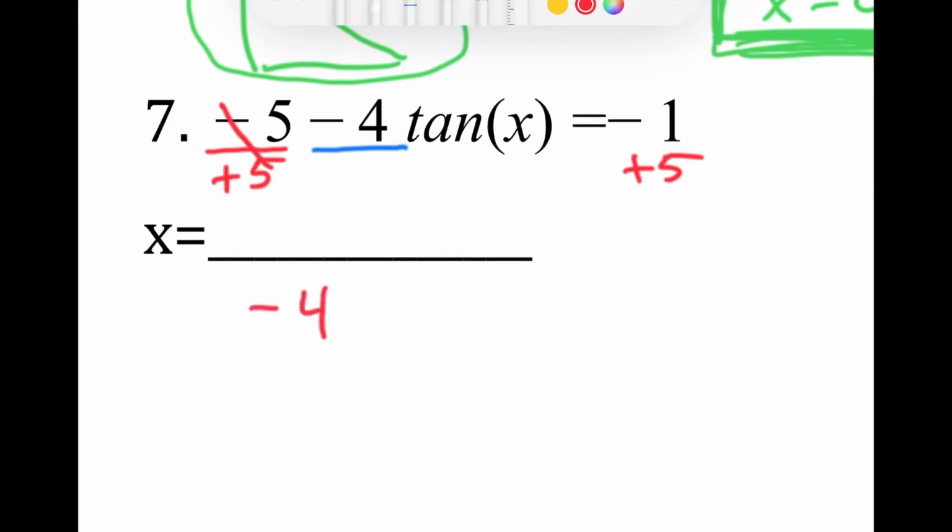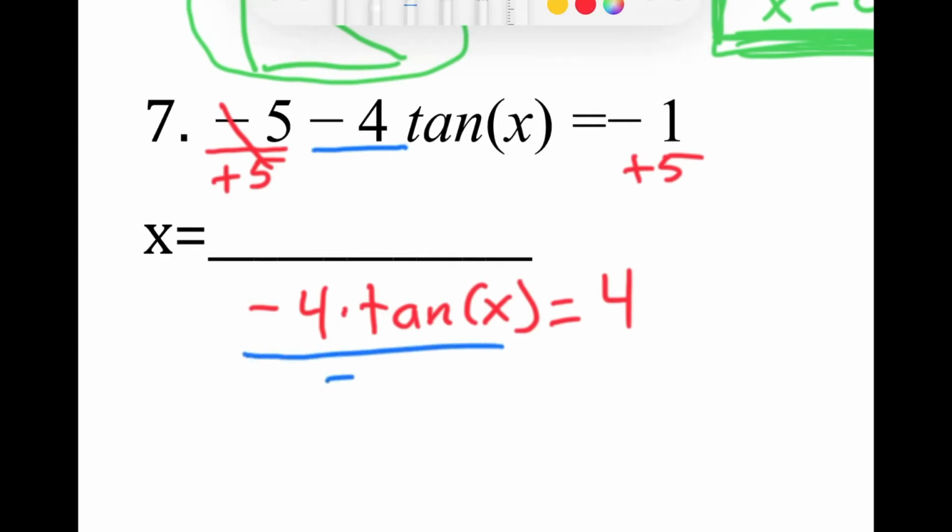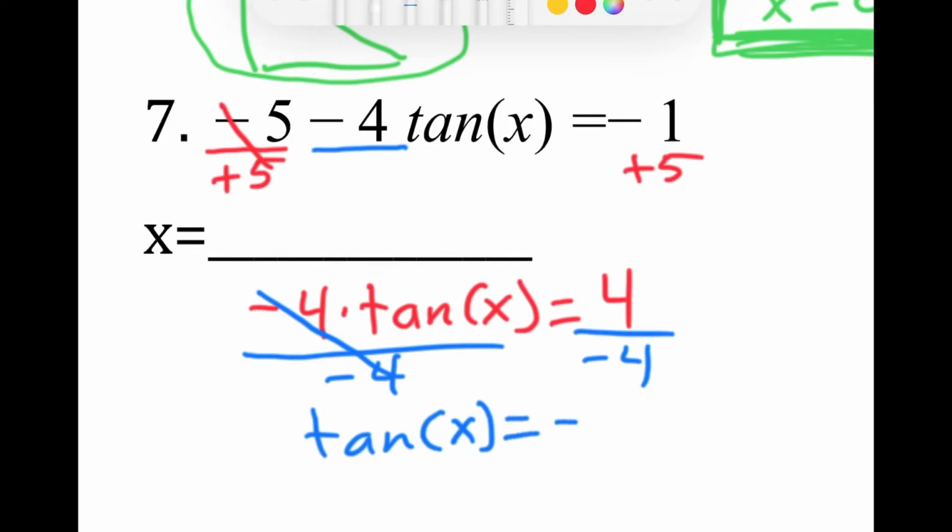We're left with -4 times tangent of x equals 4. Then we need to divide by -4 on both sides. We're left with tangent of x equals -1.